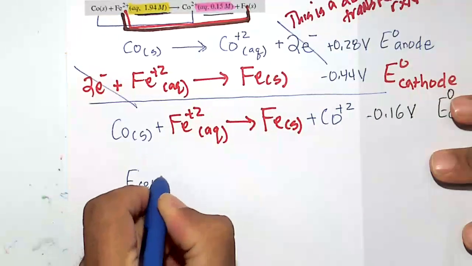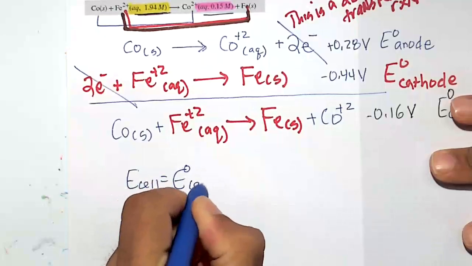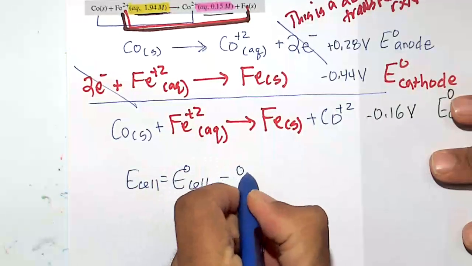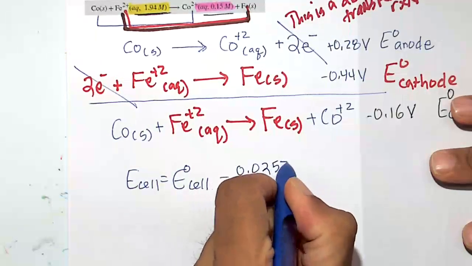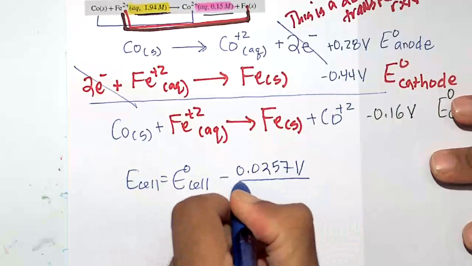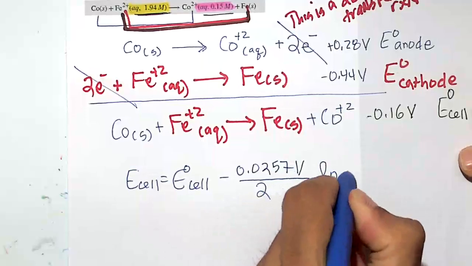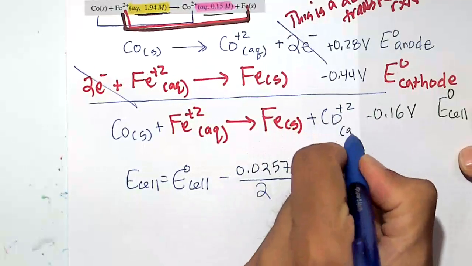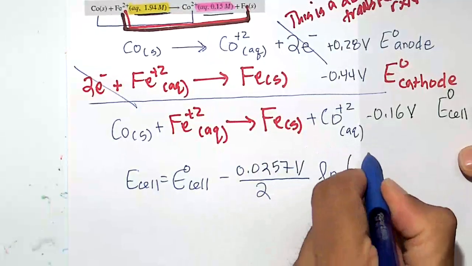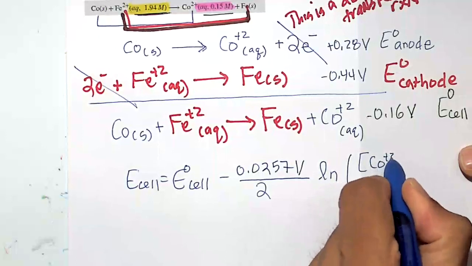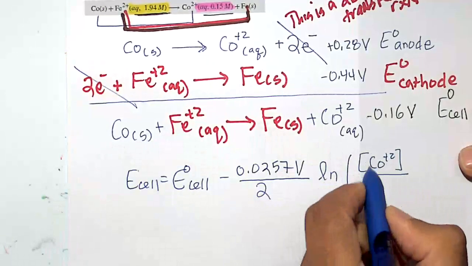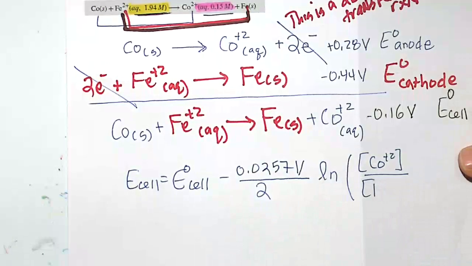E cell equals E standard state cell minus 0.0257 volts divided by N. What is N here? 2, natural log of Q. This Q is going to be the concentration of products over reactants.